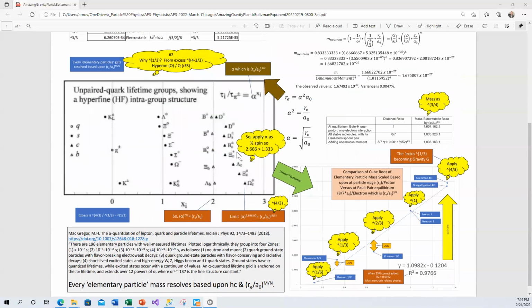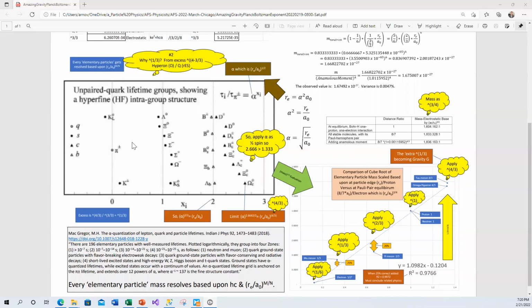So for me, I take this back and I use McGregor from Livermore Labs, a great scientist. He published a number of things, including the story of alpha, the fine structure constant. In his work, they basically determined various elementary particles based upon the lifetime for them to settle back into a non-excited state.